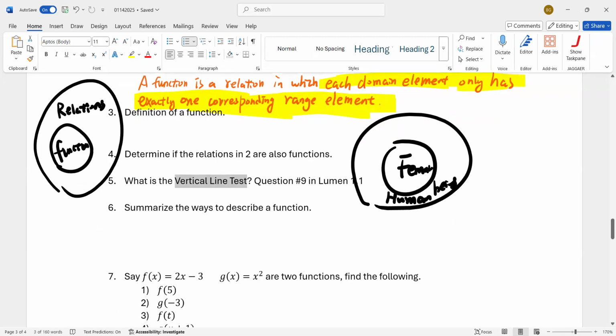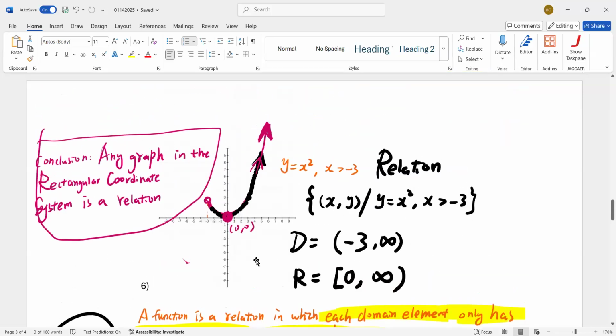We're going to continue on number 5 here, talk about vertical line test in detail. We agree in a rectangular coordinate system, any graph gives a relation because any graph is just a collection of points, right? Maybe a finite number of points, or maybe infinitely many, uncountably many points.